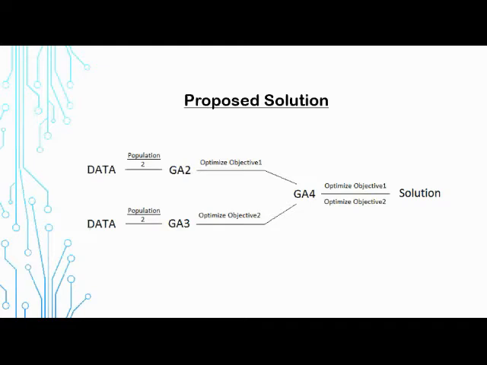The output of the two is to be fed into the third genetic algorithm, called GA4 in this diagram. GA4 will subsequently optimize the population of solutions which are fed to it with respect to objective 1 and objective 2 simultaneously. The aim of this experiment is to obtain a solution which is superior to the application of a multi-objective genetic algorithm alone.